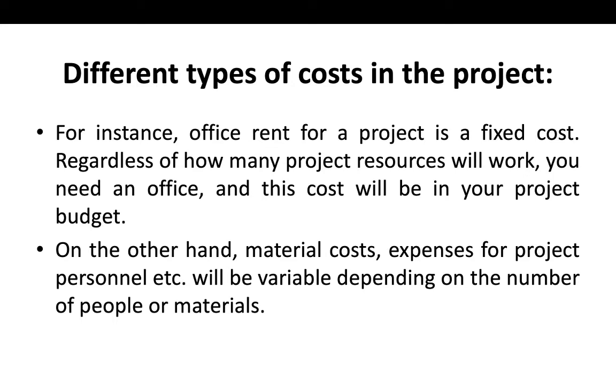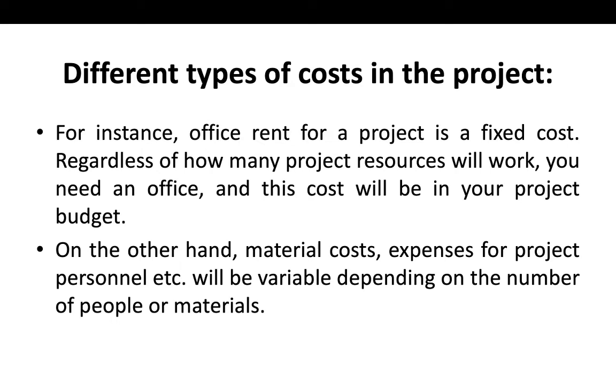So the first thing is fixed cost. On the other hand, material cost and expenses for project personnel will be variable depending on the number of people or materials. So there will be fixed types and non-fixed types.